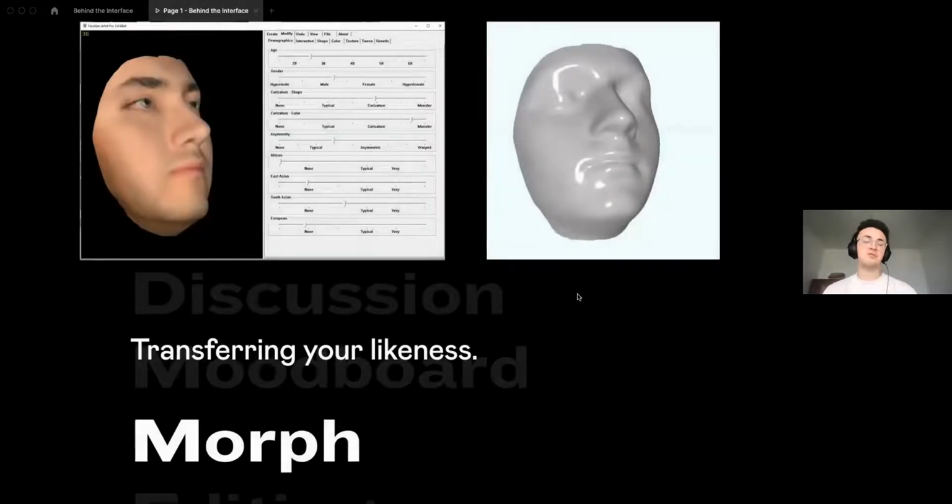And then morph. This is the beginning of the 3D process. It probably looks quite terrifying, but this is how you transfer someone's likeness to a 3D model.